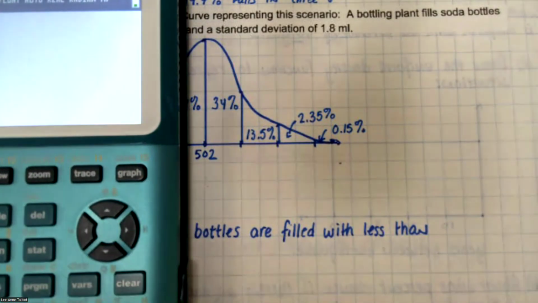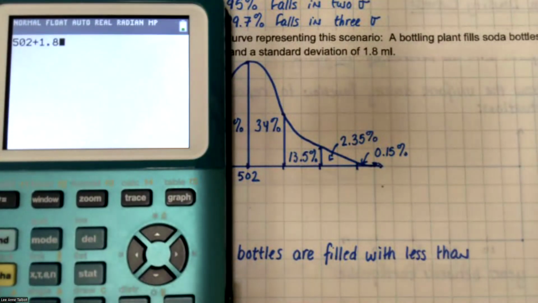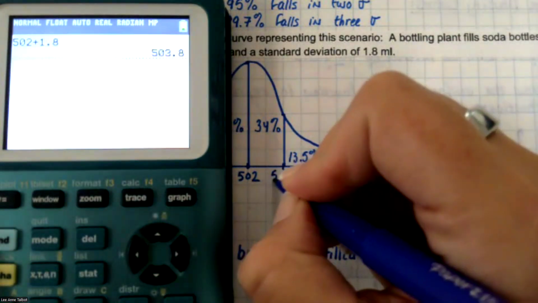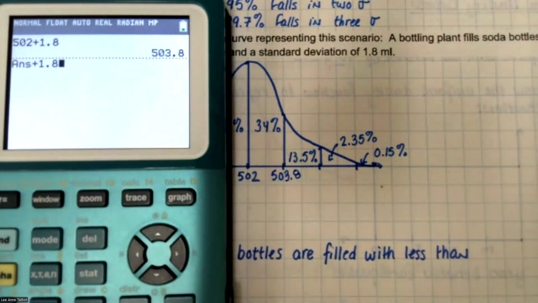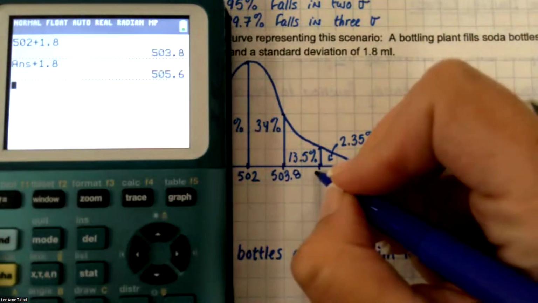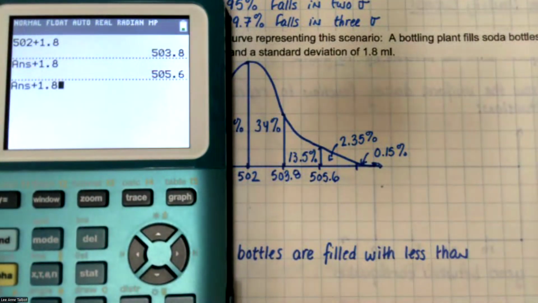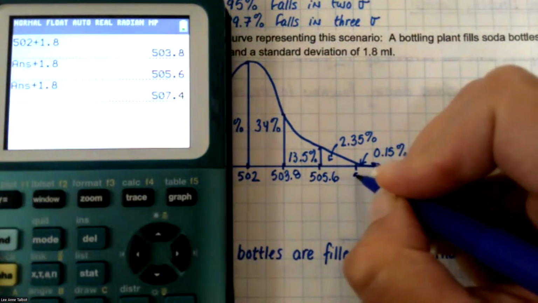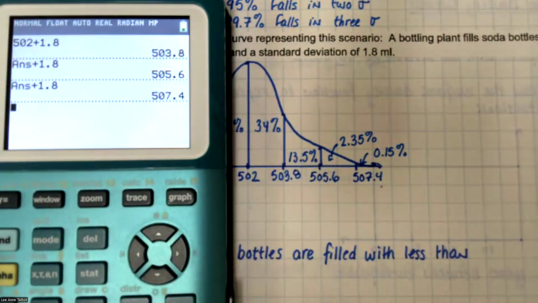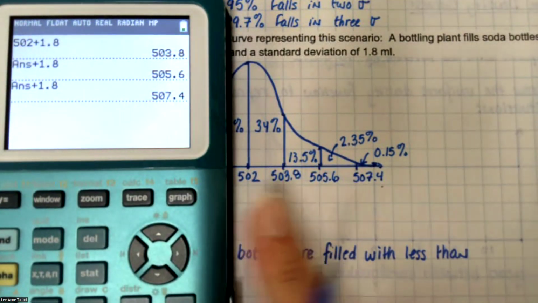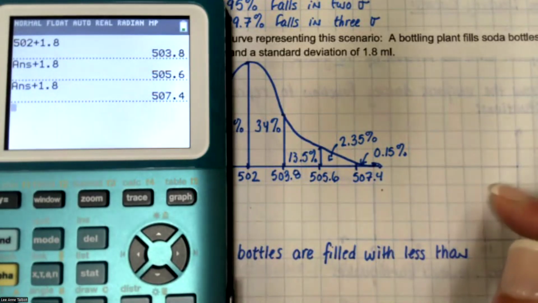So 502 plus 1.8, plus 1.8, plus 1.8. Does that make sense so far? Yeah. So the middle, and then each jump is a standard deviation.